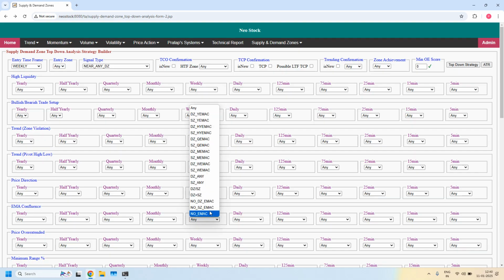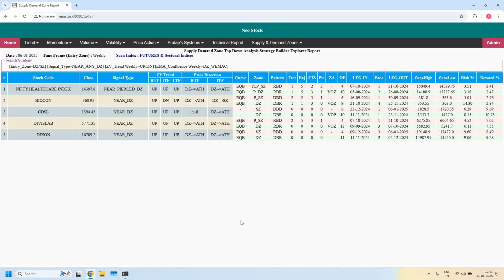Weekly time frame, weekly demand zones are having weekly EMA confluence, and the trend on the weekly time frame should not be sideways. It can be up or down. Now let me filter. Now we got 5 stocks. And all these stocks near weekly demand zones are having weekly EMA confluence demand zones.